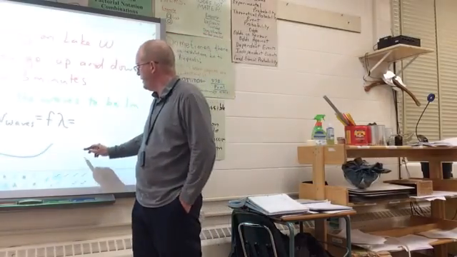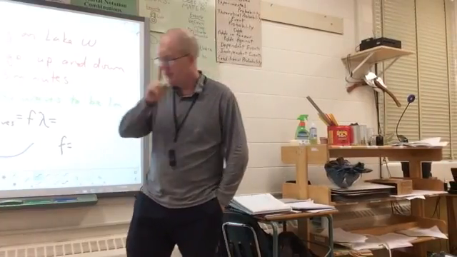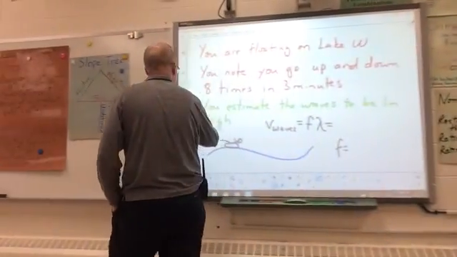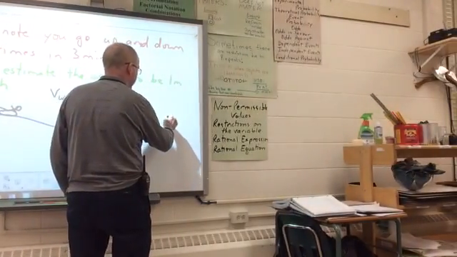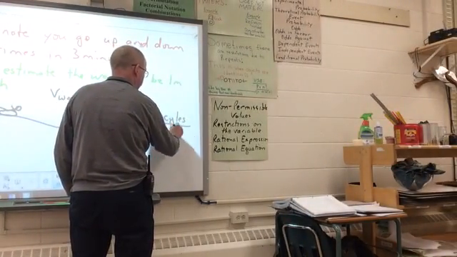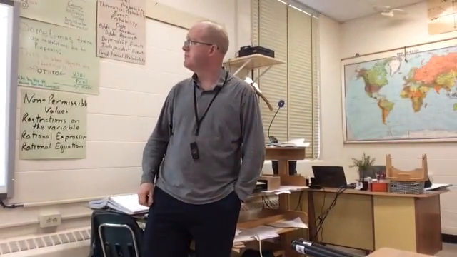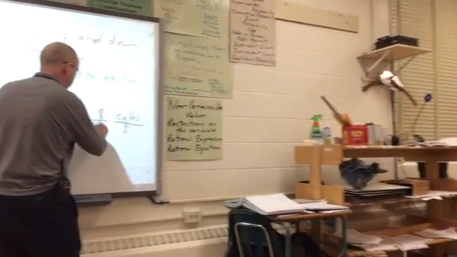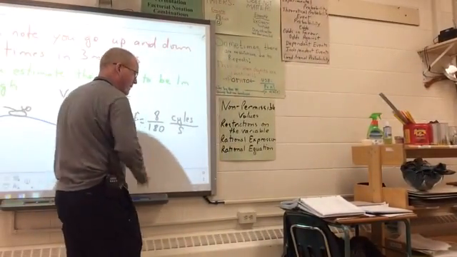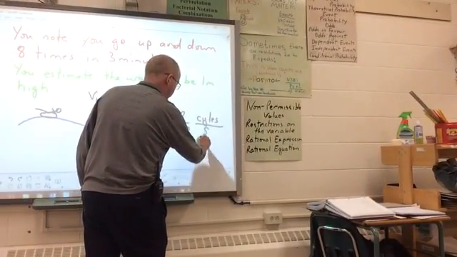Yes, but if I'm going for frequency, what is frequency? 1 over time. Careful, it's hertz, it's cycles per second. So how many cycles do we have? How many waves do we have? 8 waves. 180 seconds. So frequency is what? All right.